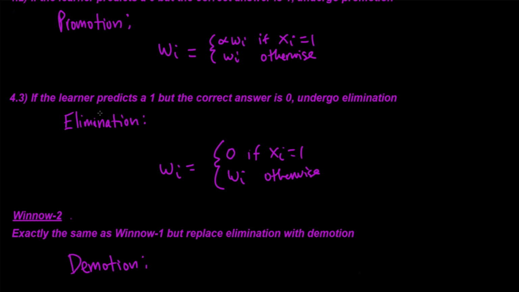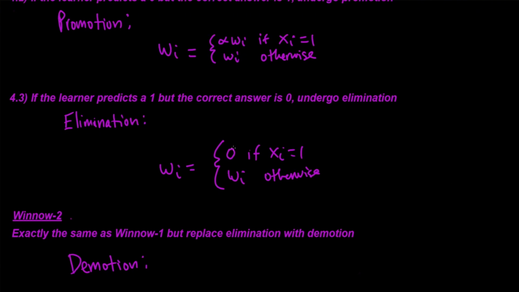Now, this is actually the main weakness of the Winnow-1 algorithm: elimination is far too extreme to get decent predictions. Because notice that when we change the weight to 0 and we run back through the algorithm, if we start undergoing promotion, well, the weight is equal to 0, so no matter what alpha is, this product alpha times wi in the case of promotion will just equal 0.